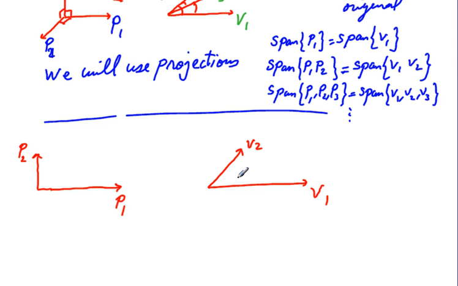So okay, take V2, drop a perpendicular and draw this one to this perpendicular line. Okay, this V2 can be resolved into two components. One is this one. One is this one.